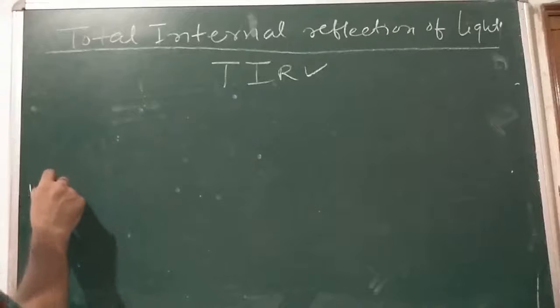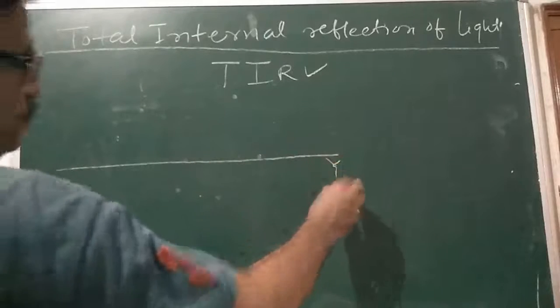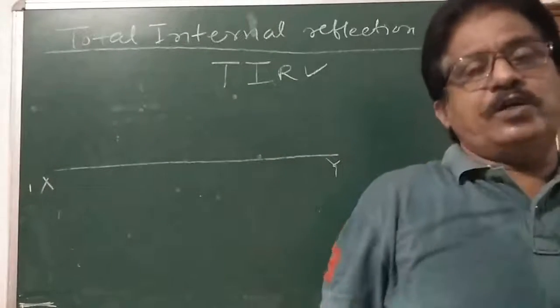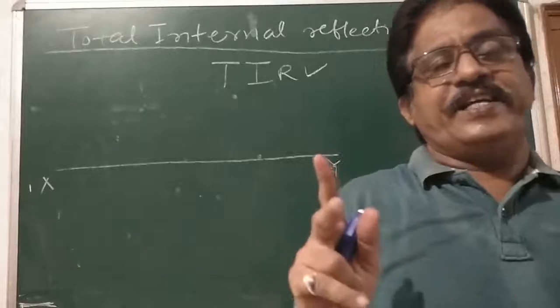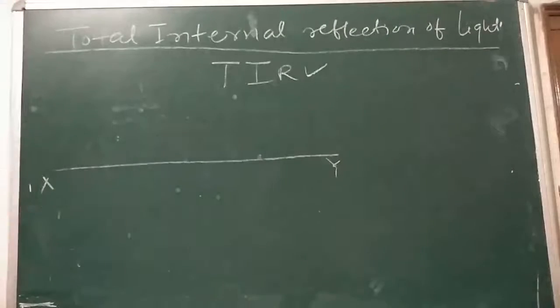Here is an interface, surface here is XY. I am going to explain total internal reflection. Is it clear? So now, suppose here O is a point object.